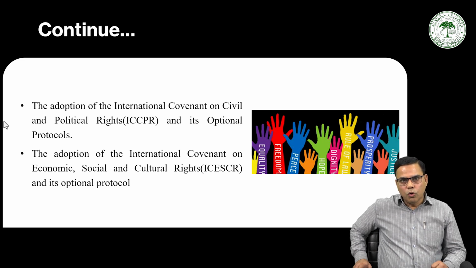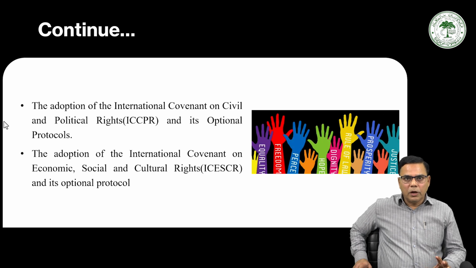Then number two, an integral part of this International Bill of Rights is the International Covenant on Civil and Political Rights, that is ICCPR, adopted in 1966. Then the third important instrument is the International Covenant on Economic, Social, and Cultural Rights. So these three instruments of human rights and their optional protocols together are called the International Bill of Rights.